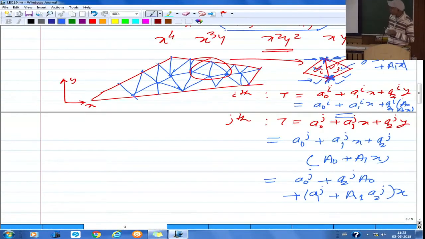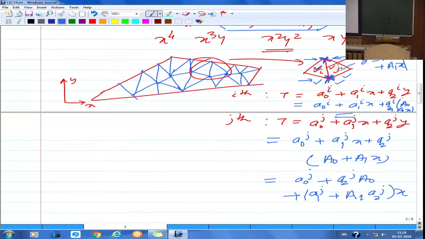So once the temperature at these two nodes is the same from both the elements and in between the variation is linear, that variation has to be the same from both the elements, isn't it? Because it's a linear fit along that edge having the same values of T at this location and this location, whether you are talking of this element or this element.